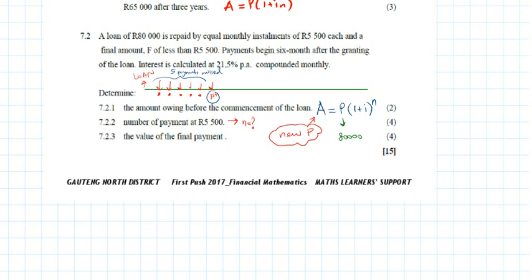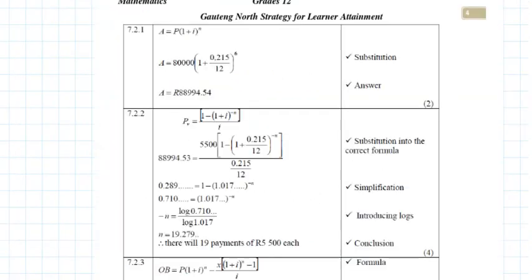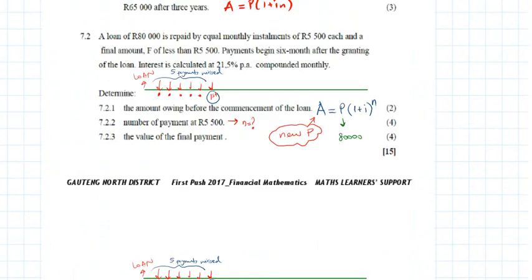Now let's check the memo. All is fine. As you see, it is for 5. Okay, that was not much clear. Let's say, because the power is not 5, it is 6 here. Let's read the question. He began 6 months after the granting of the loan. Okay, so then that is wrong.